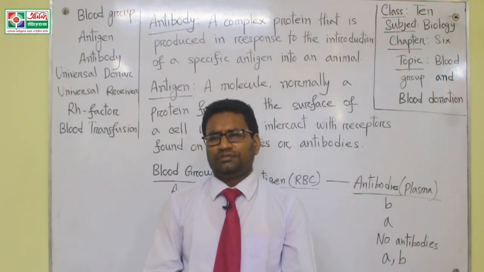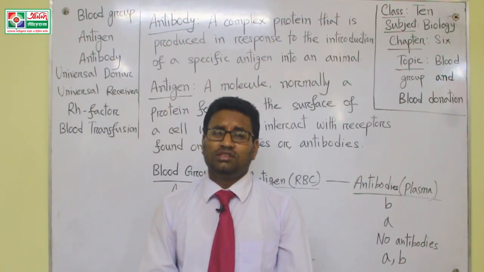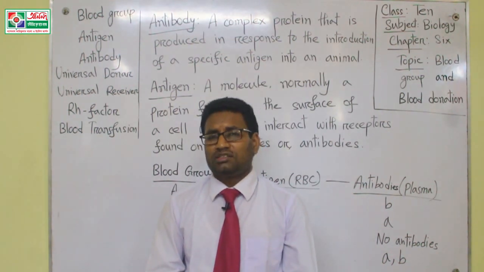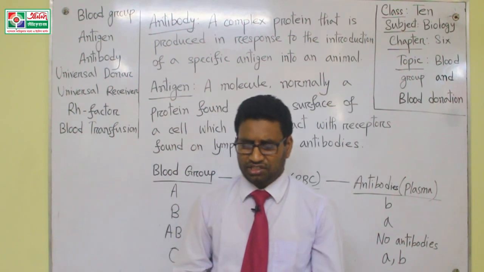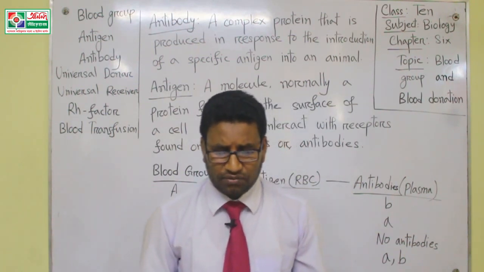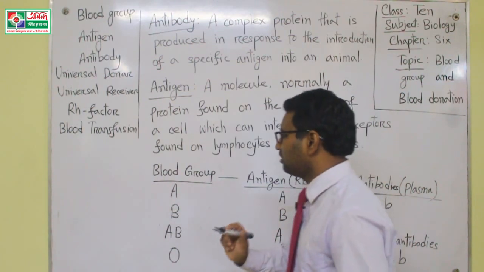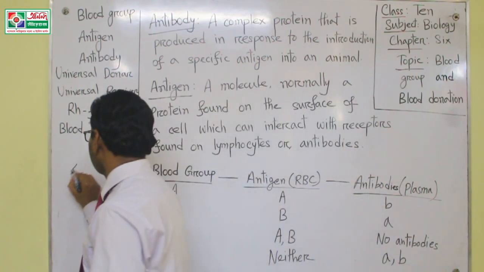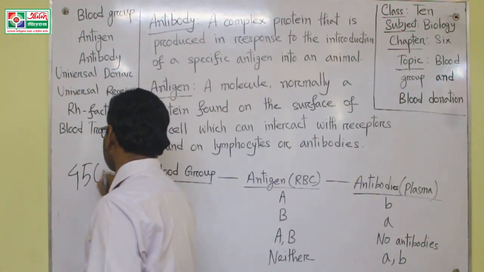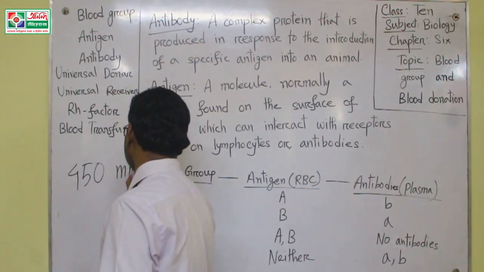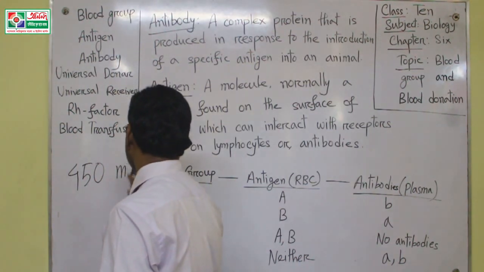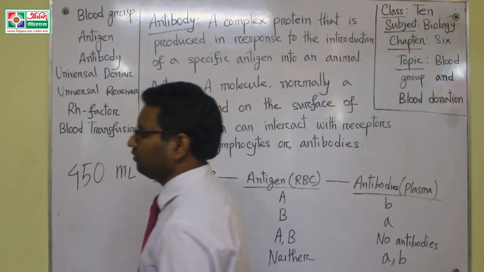A healthy person can donate 450 milliliters of blood. 450 milliliters is a very, very important term.